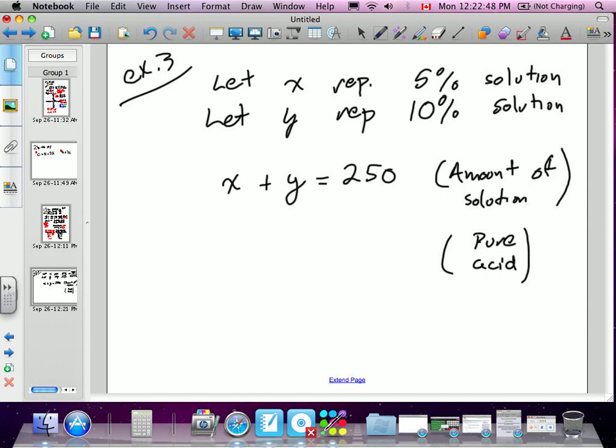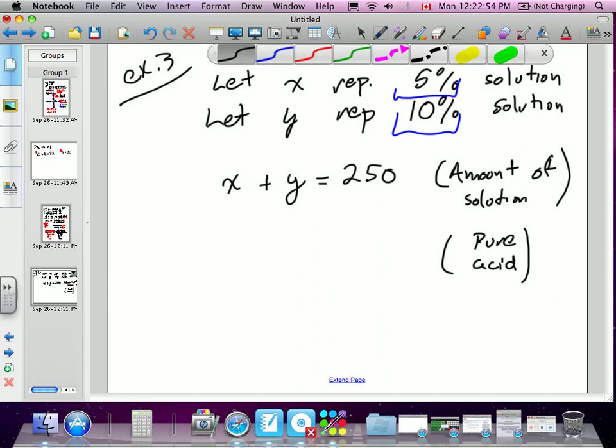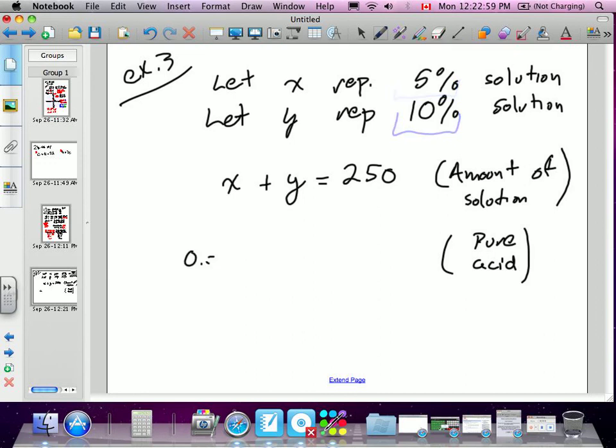So if we multiply the amount of our 5% solution by 0.05, that will give us our pure acid. And if we multiply the amount of our 10% solution in milliliters by 10%, we'll get pure acid. And finally, we're trying to make an 8% solution that's going to be 250 milliliters. So I multiply 0.08 times the 250. So I have equation 1 and equation 2.